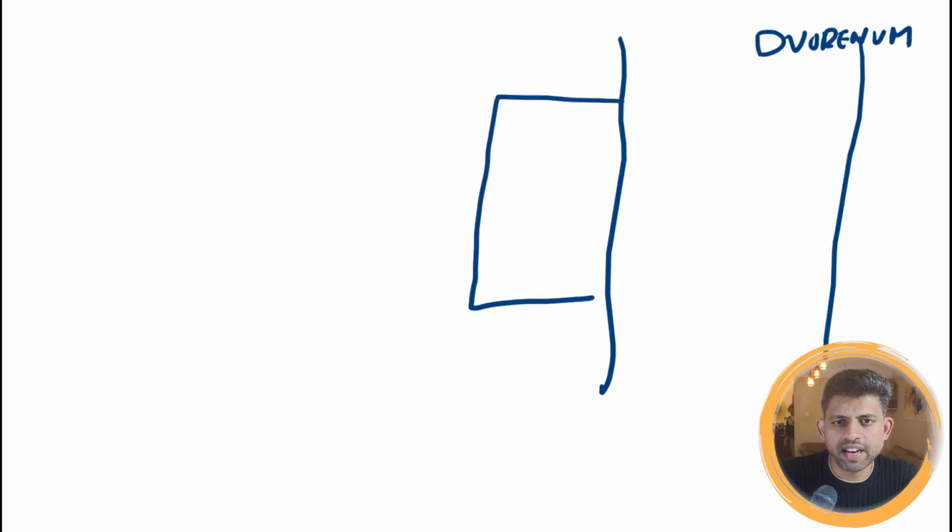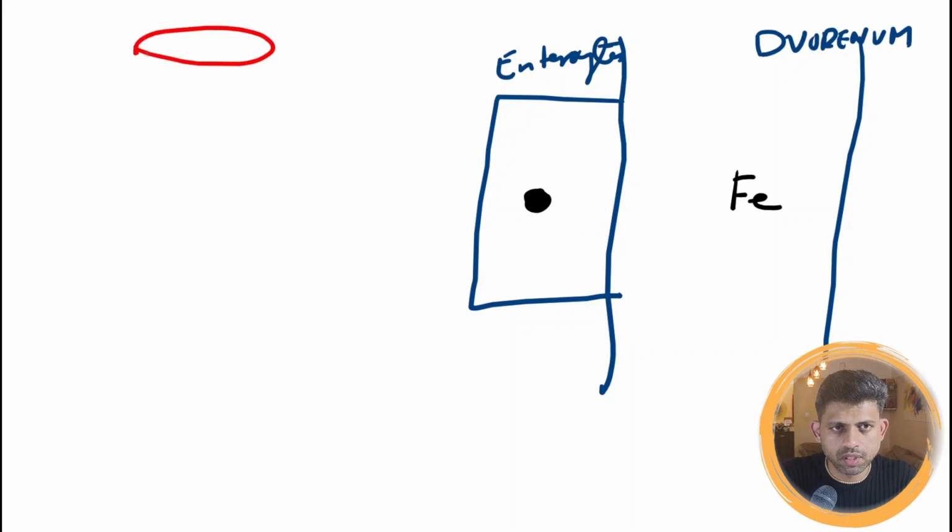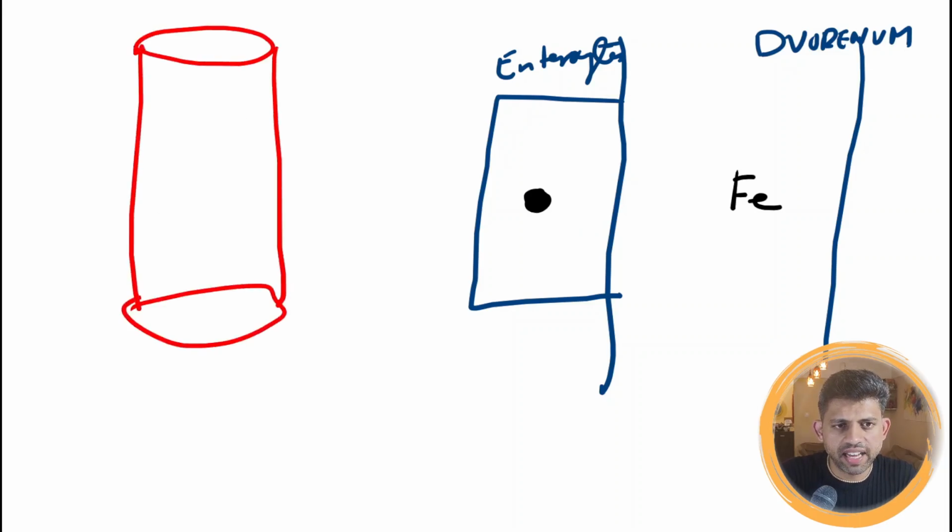Iron is absorbed mainly from the duodenum. Imagine this is an enterocyte, and this is iron. This iron, which we get from food, will be absorbed into the enterocyte. This iron from the enterocyte cannot directly get into the blood circulation.